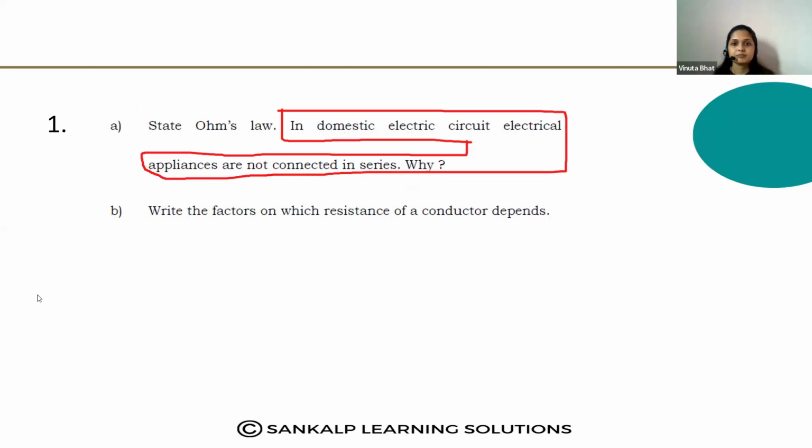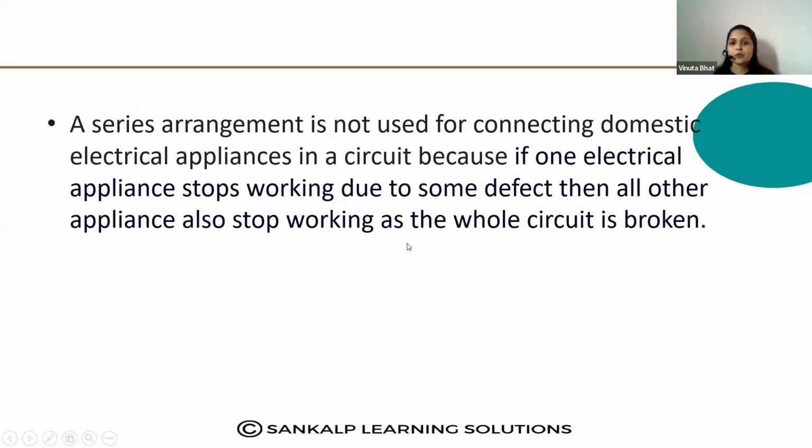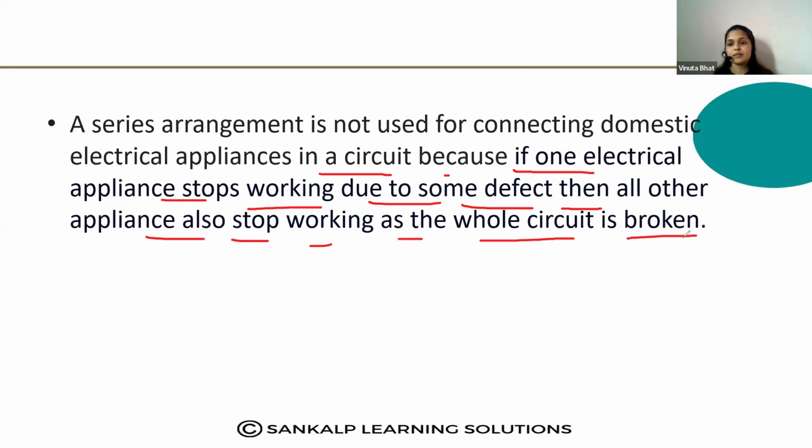A series arrangement is not used for connecting domestic electrical appliances in a circuit, because if one electrical appliance stops working due to some defect, then all appliances also stop working, as the whole circuit breaks down and will collapse.